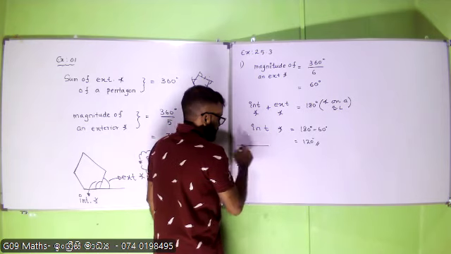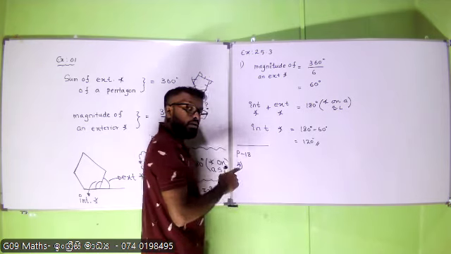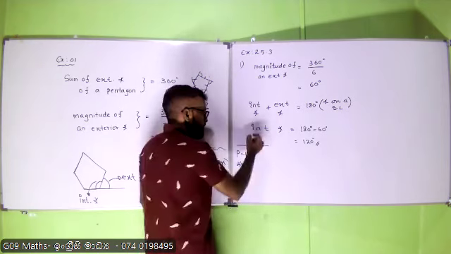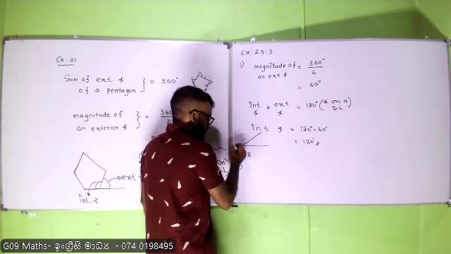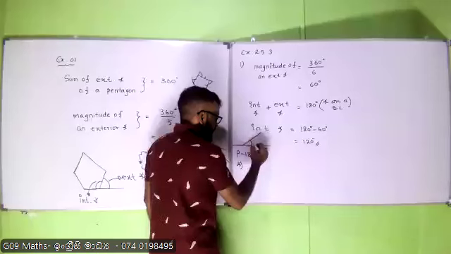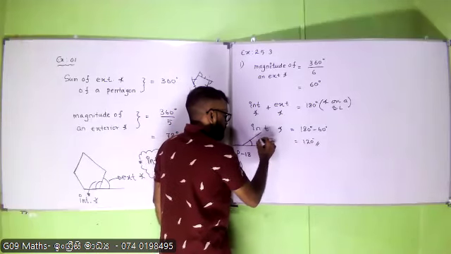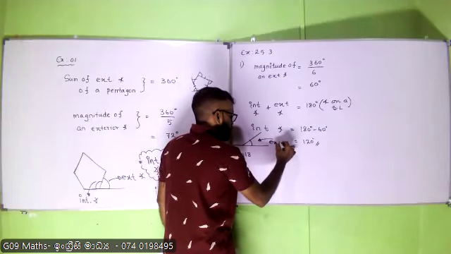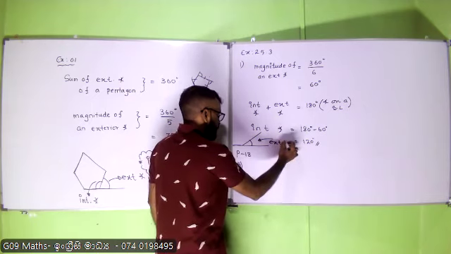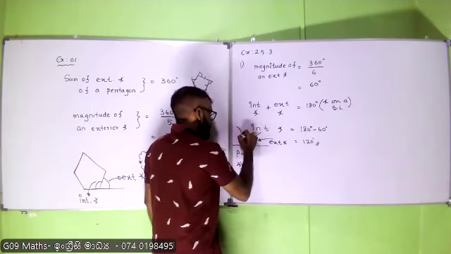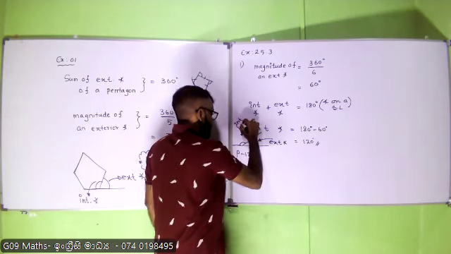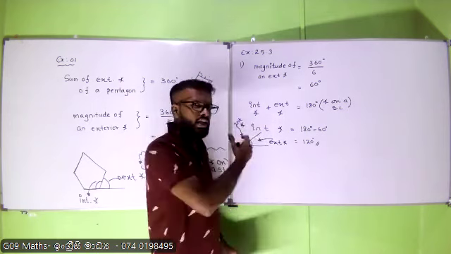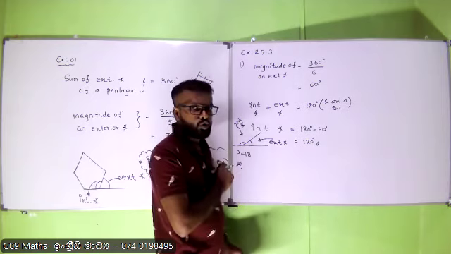This is the produced line of that polygon, because the exterior angle and the interior angle are on the same straight line. If this is my exterior angle, this should be my interior angle. I need to get a small idea of what they are saying. That is why I am drawing this.